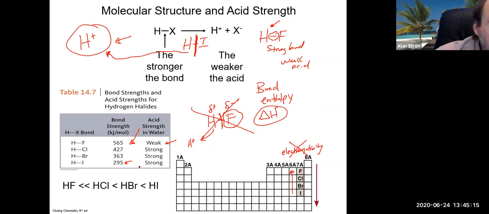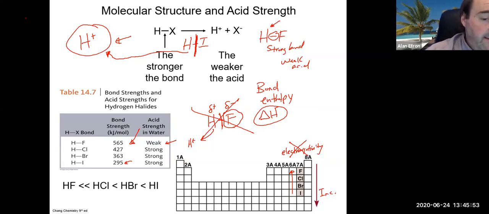HI, which has the weakest bond energy, is the strongest acid because it's much easier for that H plus to come off, while HF would be the weakest acid in that group because it has the highest bond energy, which means it's a lot harder to remove that H plus, and thus it's a weaker acid. So in terms of strength of acids in group 7, as you can see, it increases as you come down group 7. Any questions on that?